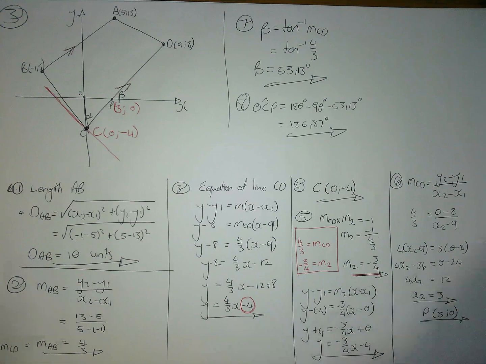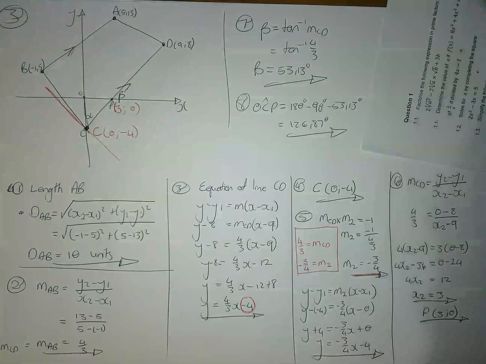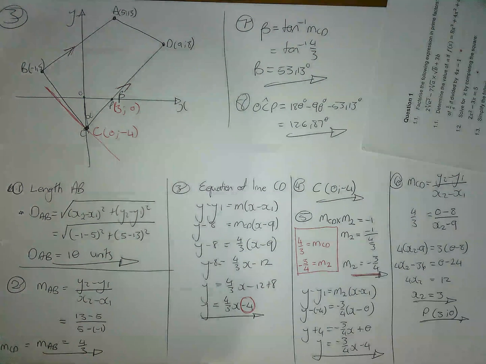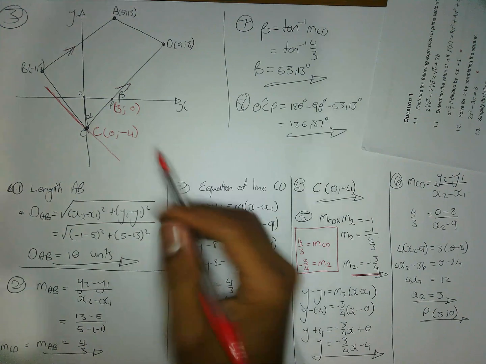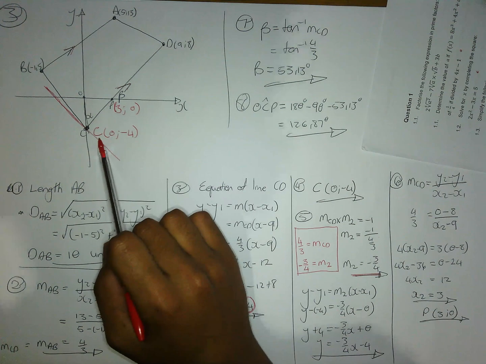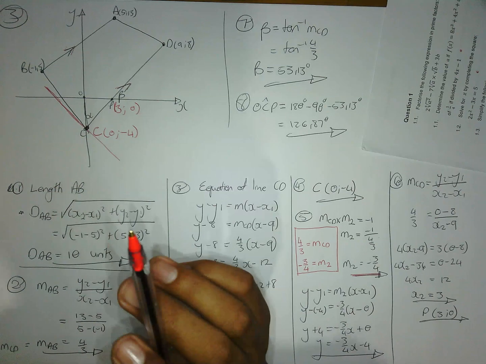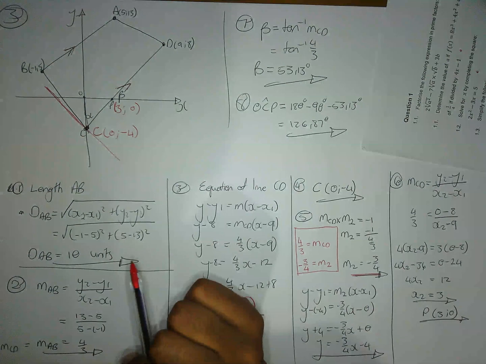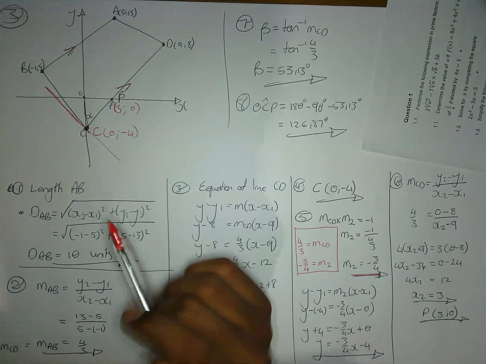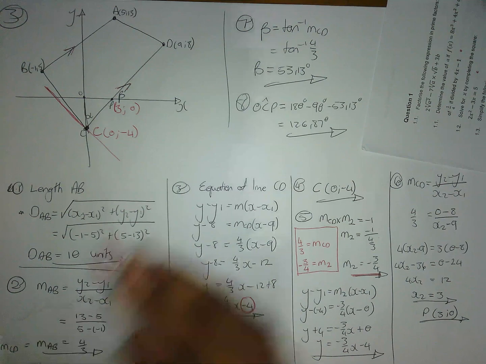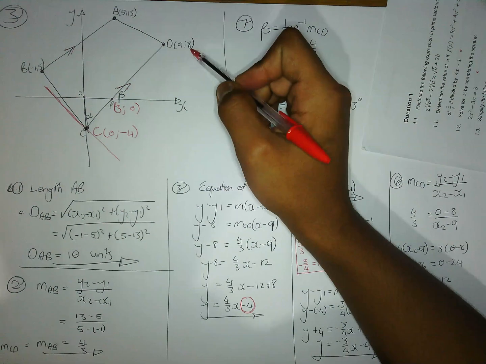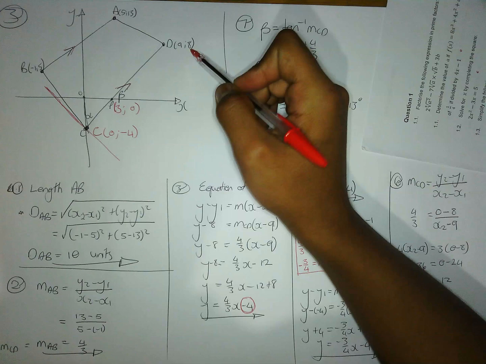So very important. I could have used point C to get the exact same answer, but I didn't use point C because I may have made a mistake. So at all times, use the given coordinates as much as possible.